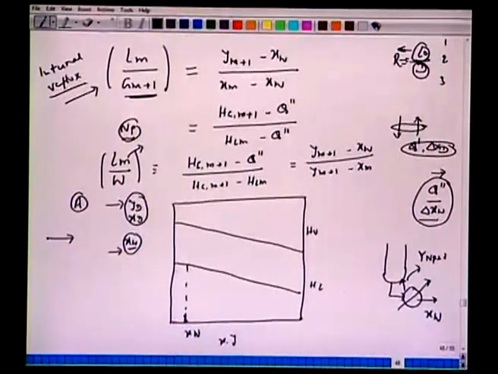So, if this liquid which leaves is saturated, here we have this H_W, and then this liquid is in equilibrium with this vapor. So, we can draw the first tie line. This will correspond to G_Np plus 1, or corresponding to this we will have y_Np plus 1.